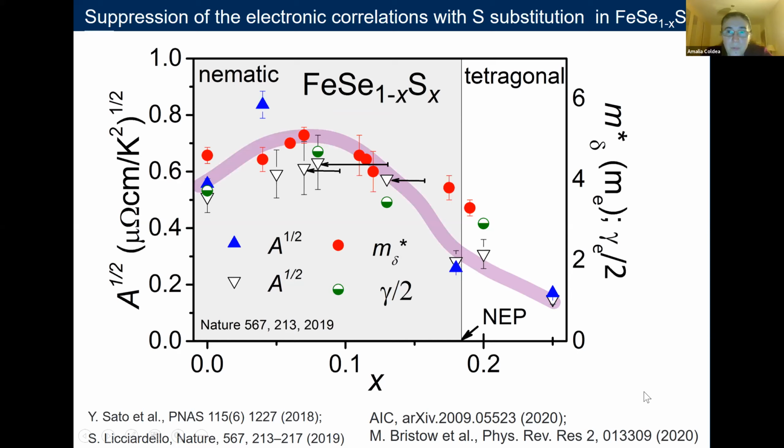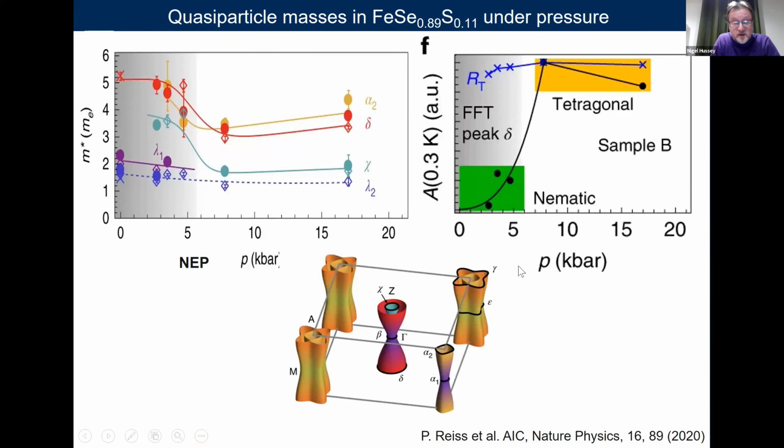So I think it's probably worth looking at all the possible parameters you can measure. And here there's also the specific heat gamma coefficient. And again, there is not really any enhancement. No, but I'm talking about the approach towards this critical point from the tetragonal side, where you can imagine the system being increasingly dressed by fluctuations associated with some order.